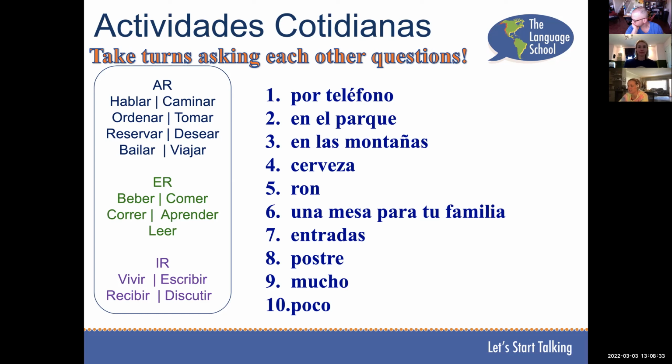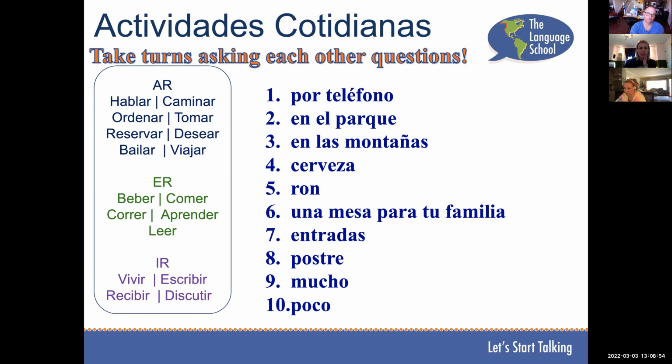What is dessert? Postre. ¿Comes postre? Sí, como postre.